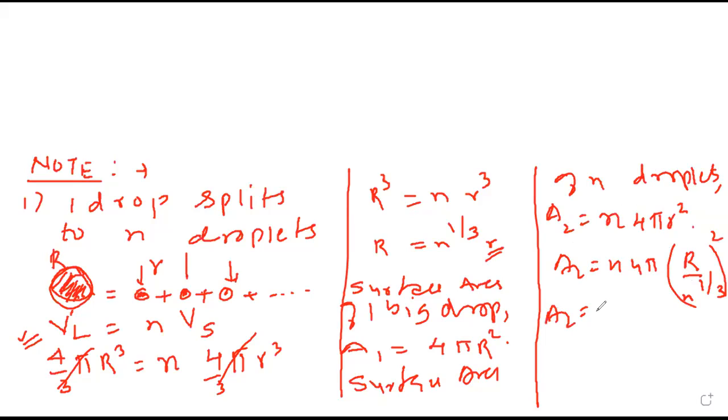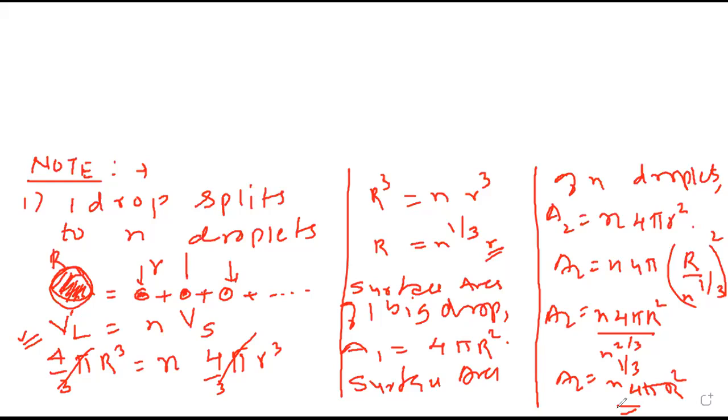So A2 will become n into 4 pi capital R square upon n raised to 2 by 3. The 2 by 3 goes up, it will become 1 minus 2 by 3, which is n raised to 1 by 3, 4 pi R square. So I got the surface area of one bigger drop and the surface area of n droplets. Just have a look once, any doubt?